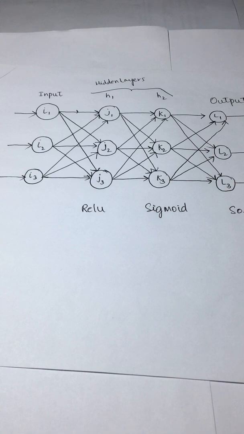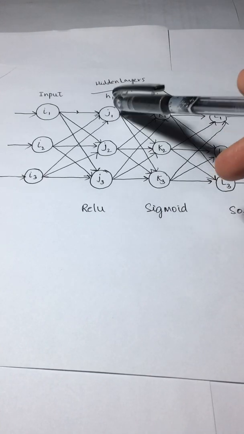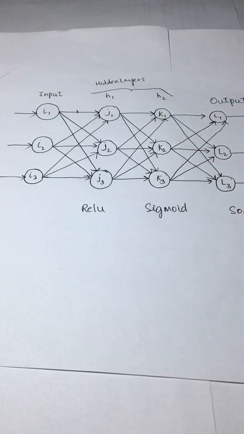Suppose in this example you move from the output layer to hidden layer H2, then H2 to hidden layer H1, then H1 to the input. As you back propagate your gradients, you need to calculate derivatives, and while calculating them you need to calculate the derivative of the activation functions as well. That is one of the main reasons why activation functions need to be differentiable.